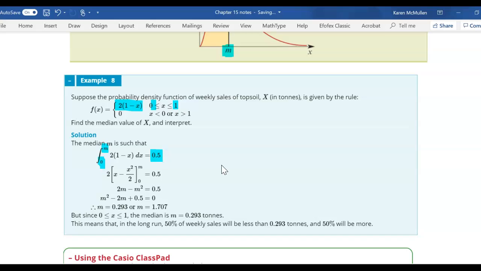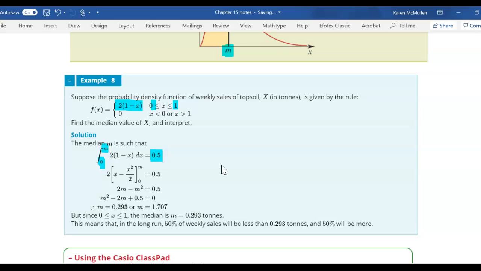So then we're just solving for M, and that one there is not too difficult. But because it does end up becoming a quadratic, you would probably have to use the quadratic formula to solve it if you were doing it by hand, otherwise easily done on your calculator. We've got two solutions, all right? M equals 0.293 or M equals 1.70. Usually if you're given multiple solutions, you always check your domain.